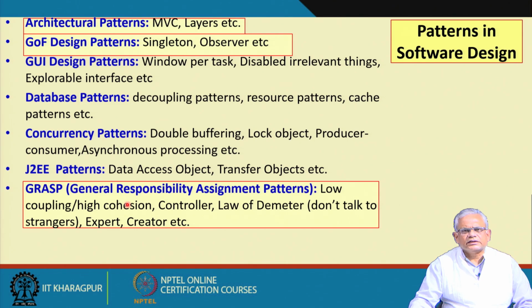Since these are extremely simple, intuitive, and of broad applicability, almost every design that you do can be guided by the GRASP patterns, and therefore, we will discuss the GRASP patterns first, and then we will look at the GOF and the architectural patterns.